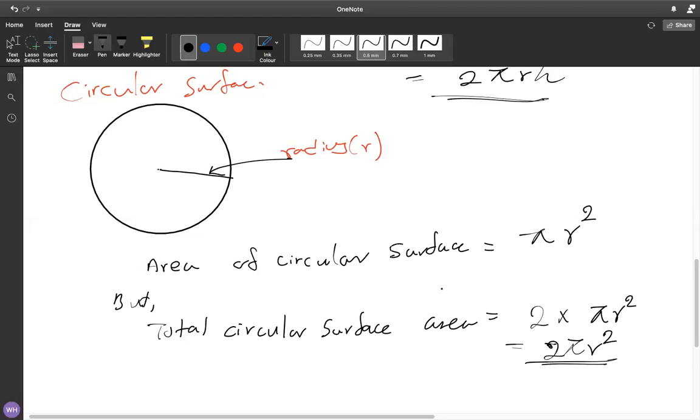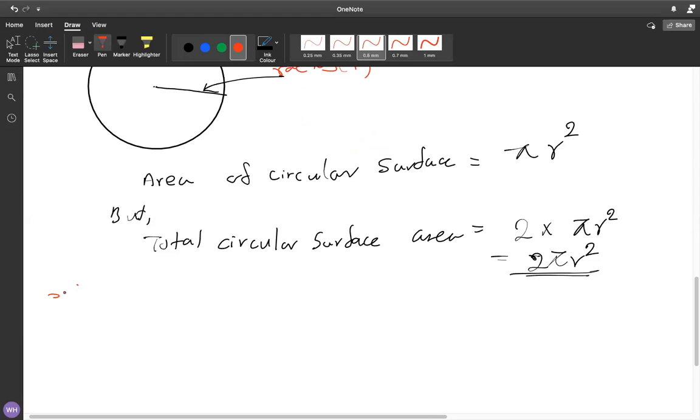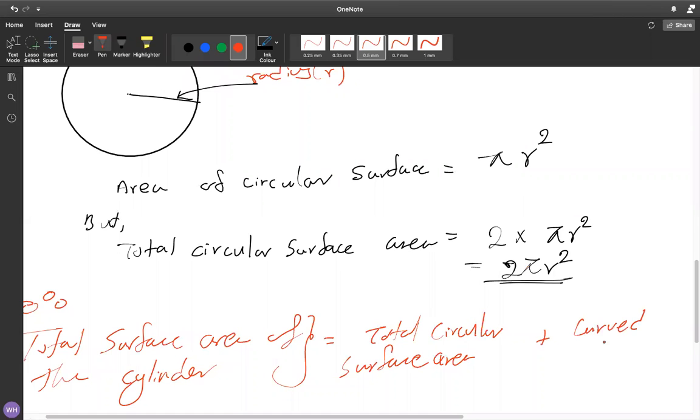Okay, and then write, therefore, total surface area of the cylinder will be equals to total circular surface area plus curved surface area.